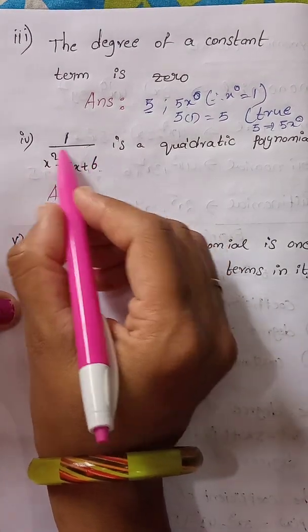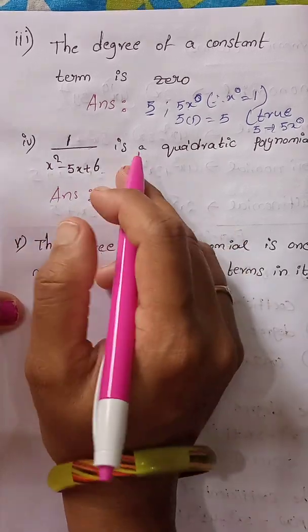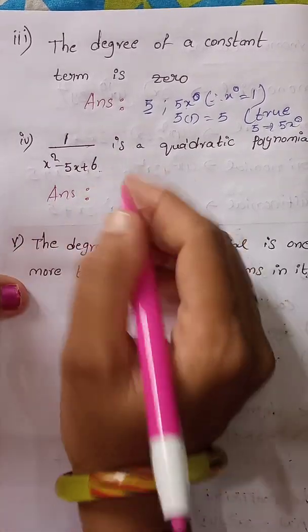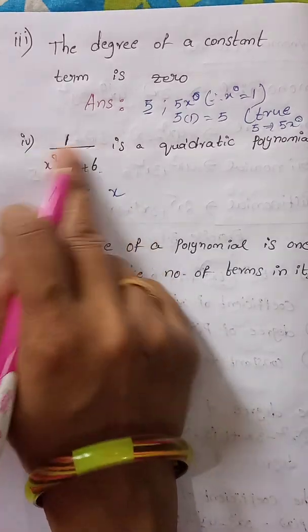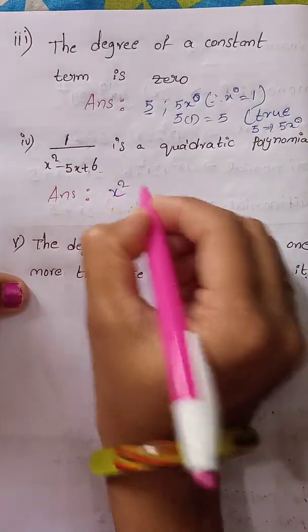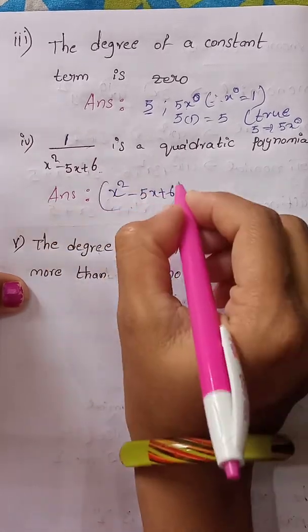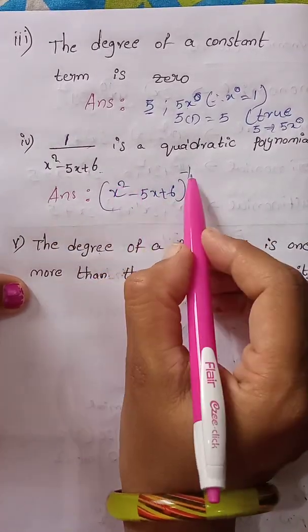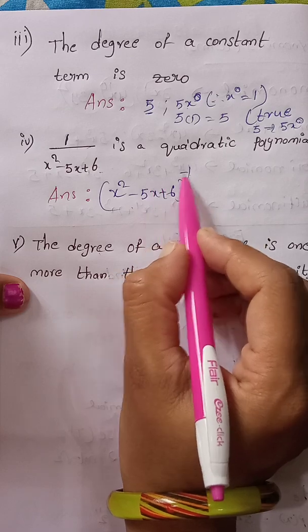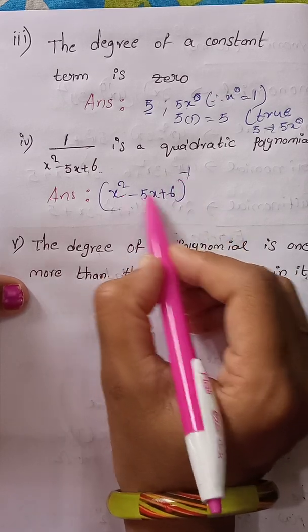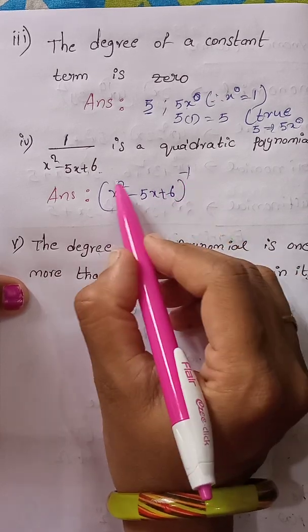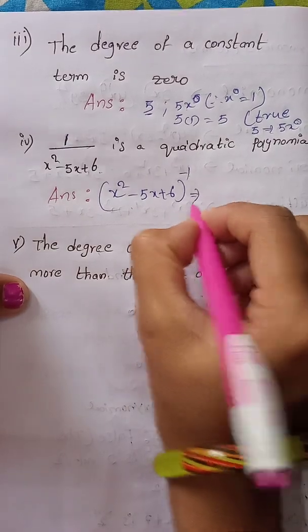If you write it in the numerator, x square minus 5x plus 6 whole power minus 1, then 2 into minus 1 is minus 2, 1 into minus 1 is minus 1. So the powers became negative. So it is not a polynomial.